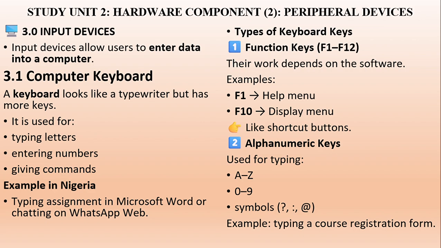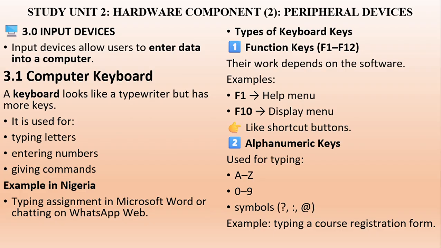So let's look at the keyboard, a computer keyboard. A keyboard looks like a typewriter but has more keys. I'm sure that every one of us has seen a keyboard before: the one on your laptop, a desktop keyboard, an external keyboard.